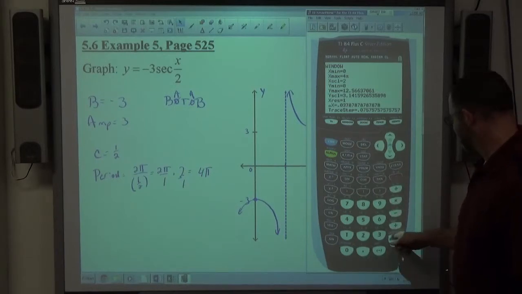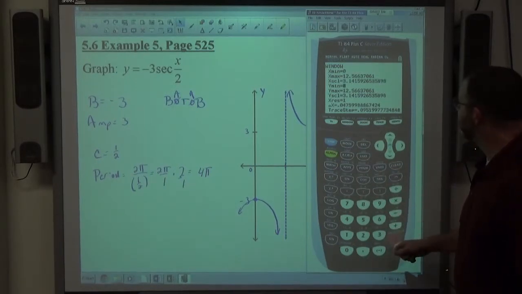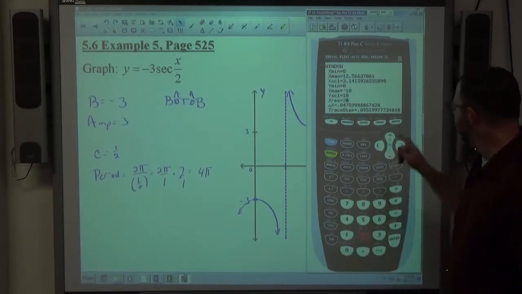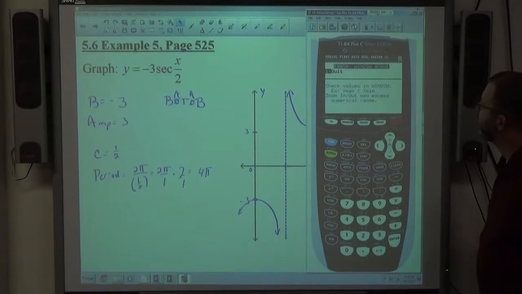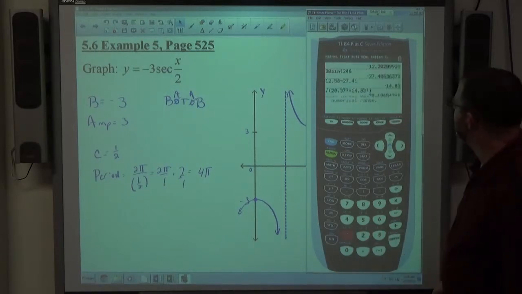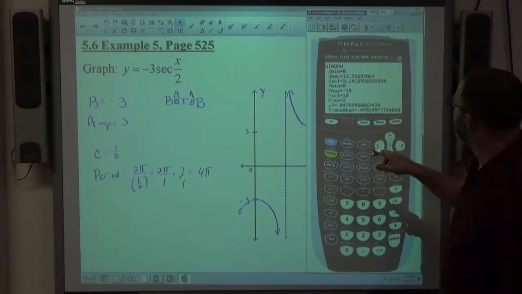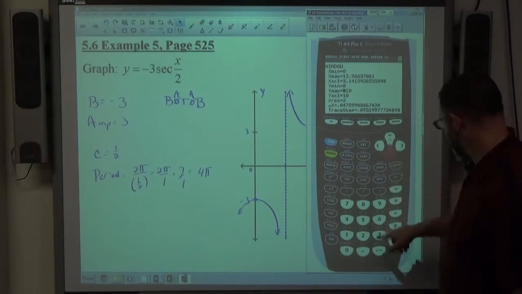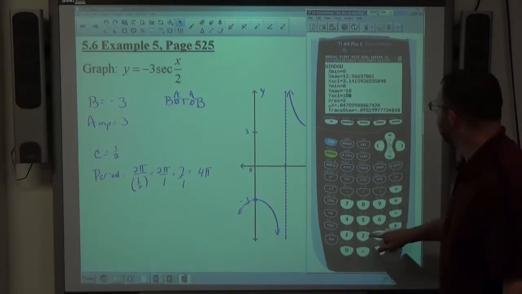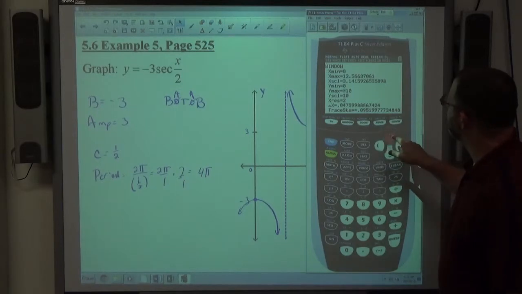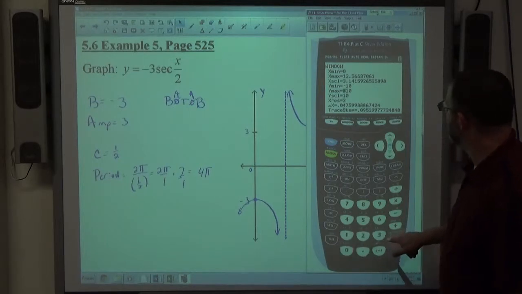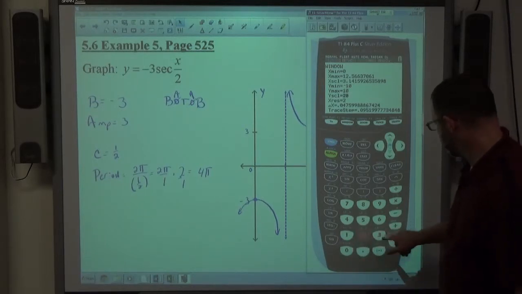There we go. I feel like I just woke up this morning. Window range: y min -10, y max 10, scale 2, exponent is 1.